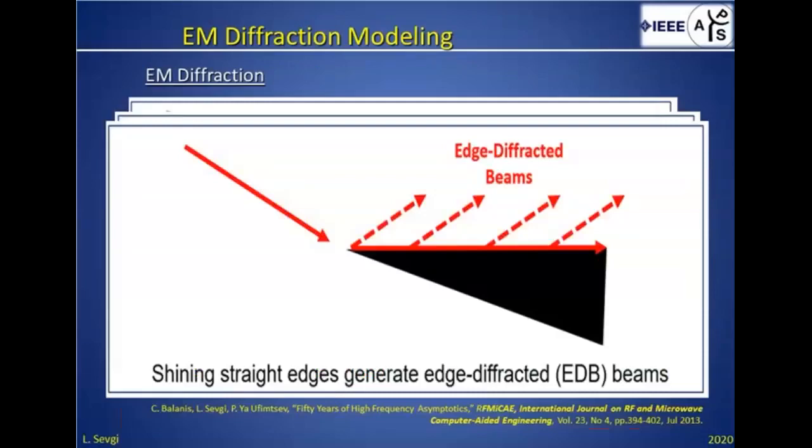Different shapes with sharp edges and knife tips cause electromagnetic diffractions. Smooth surfaces or plane type surfaces create reflections. If the object is transparent or penetrable, then we have refractions. If we have edges and tips, we have diffractions.